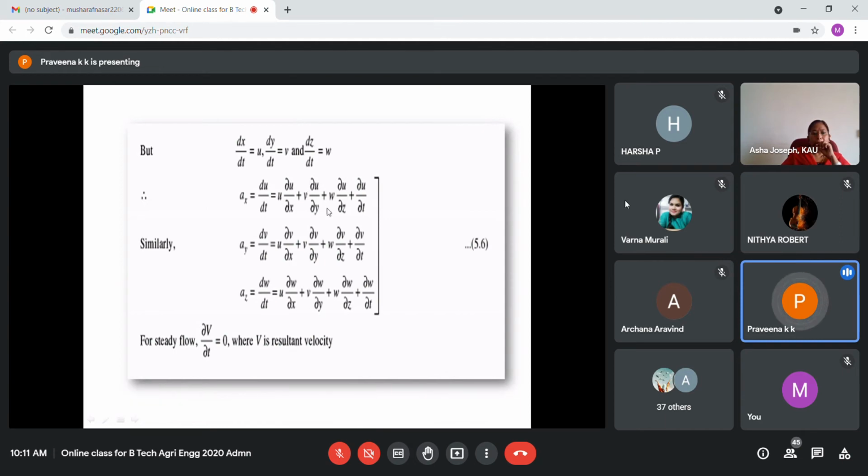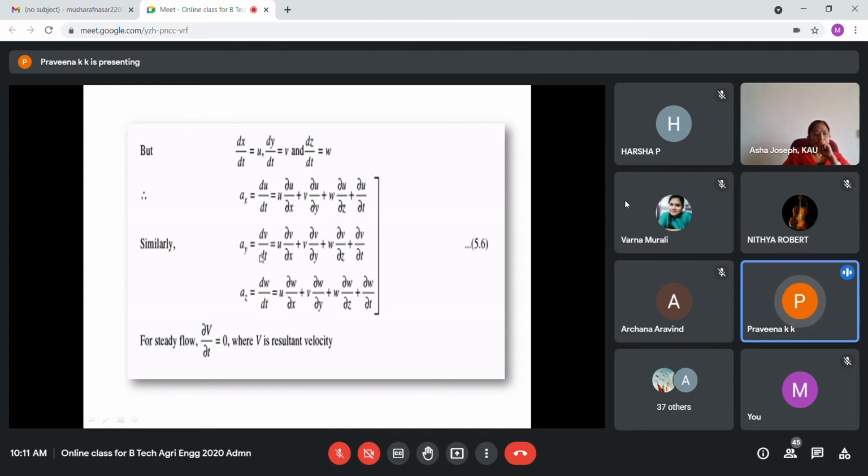Similarly, the other terms have been changed into these terms. So finally we got ax equal to u into dou u by dou x plus v into dou u by dou y plus w into dou u by dou z plus dou u by dou t.